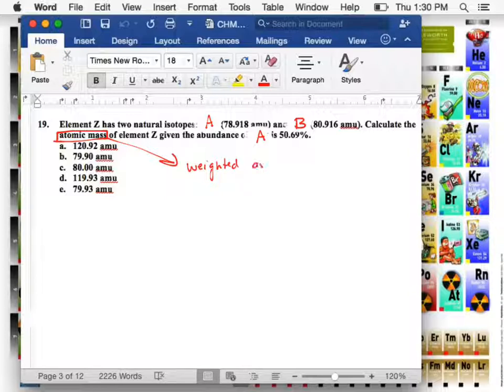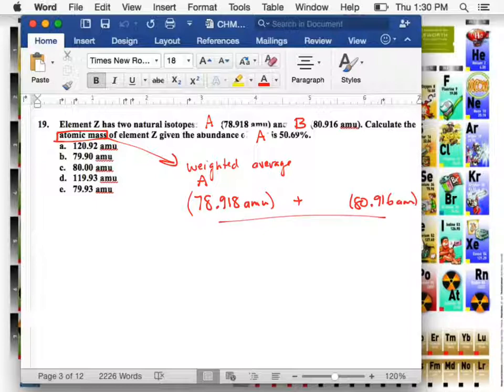So it's going to be the sum or the average of our masses of each of those particles. Well, the mass of particle A was 78.918 AMUs plus the mass of the second one, 80.916 AMUs, and then we could divide by 2.